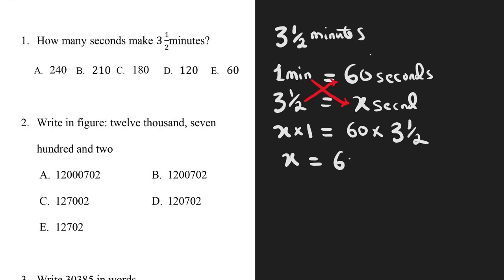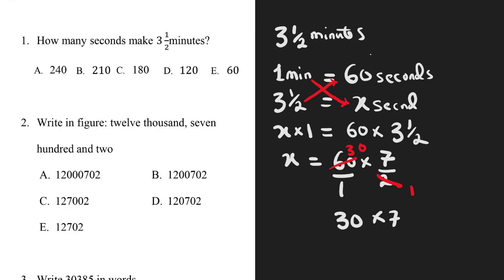Now convert this 3.5 into an improper fraction by saying 3 times 2, plus the numerator. So 3 times 2 is 6, and 6 plus 1 is 7. So we'll have 7 over 2. Remember that we can balance this one with 1. So 2 here is 1, and 2 into 60 is 30. So we are left with 30 times 7.